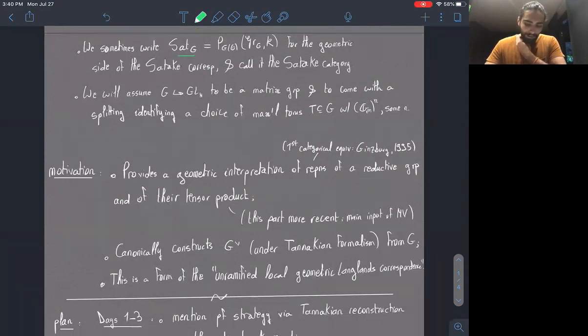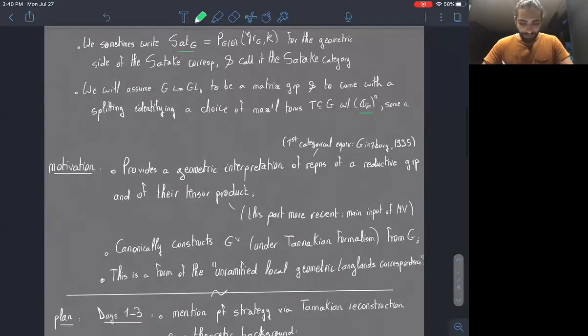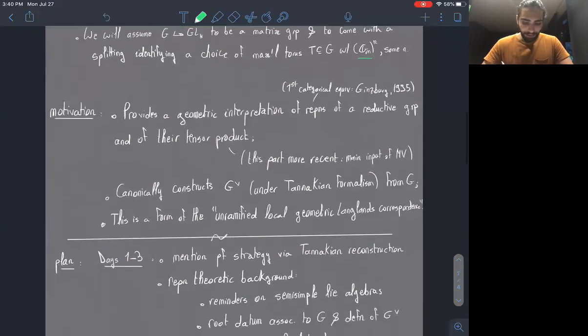And whenever it comes up, we'll usually assume that our groups are matrix groups, meaning that they have a closed embedding into some GL_N. And we'll assume that we've chosen a torus together with a splitting that identifies it with just the product of G_m to some power. So that's the notation we'll be using.